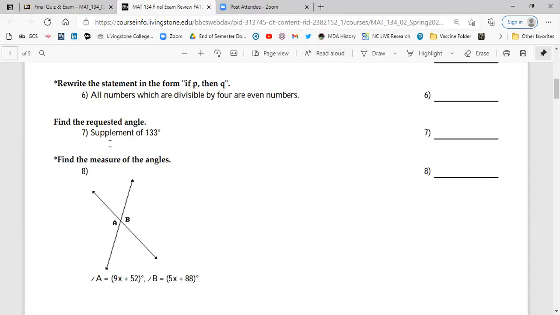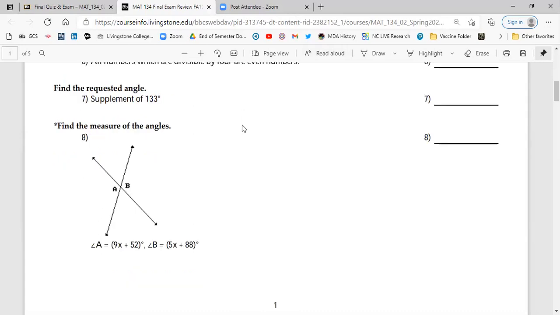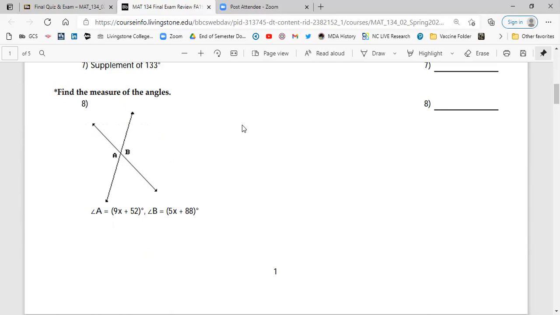Okay, number 7, find the requested angle, the supplement. All right, any questions with 7? Supplement. 2 angles that are supplement add up to 180, right? Okay, number 8, find the measures of the angles.